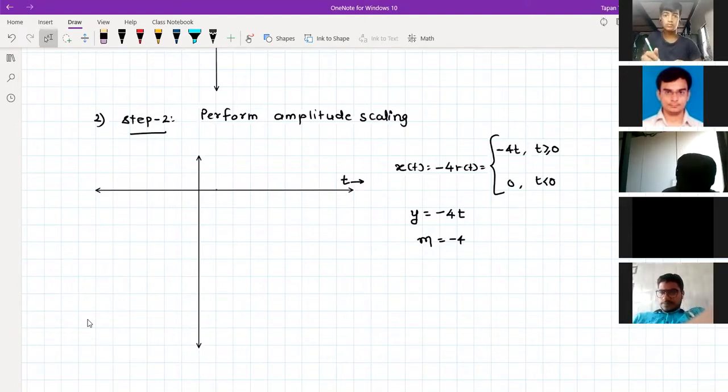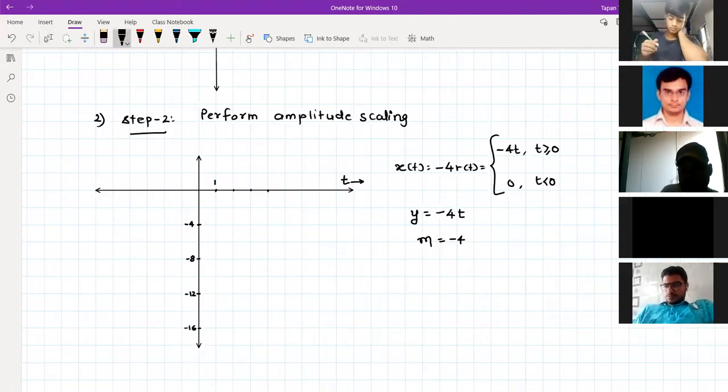Now I can put fictitious values 1, 2, 3, 4 like that, and then I put minus 4, minus 8, minus 12, minus 16, and so on.